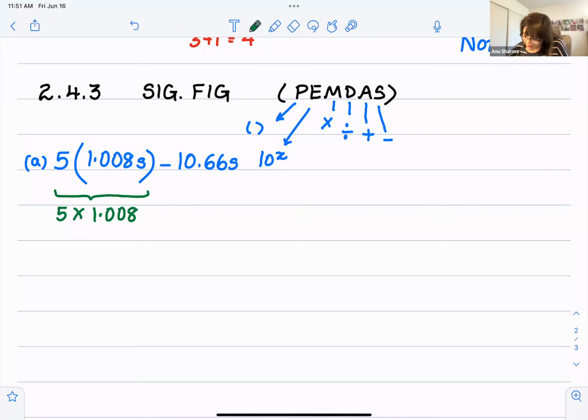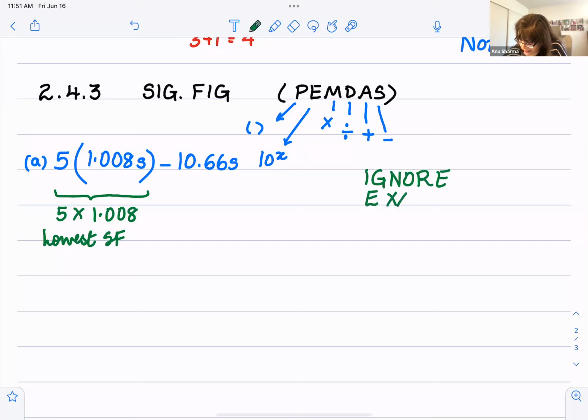Now, when you are multiplying, you look for the lowest significant figures. But we cannot make it 1 because 5 is 1. So we have to ignore the exact numbers in significant figures calculations.